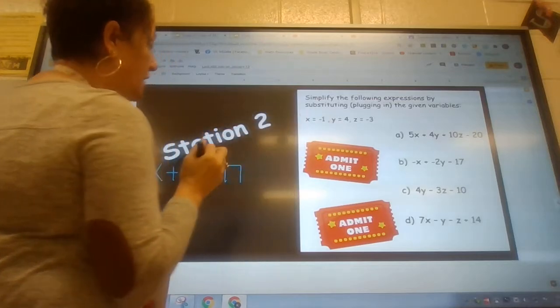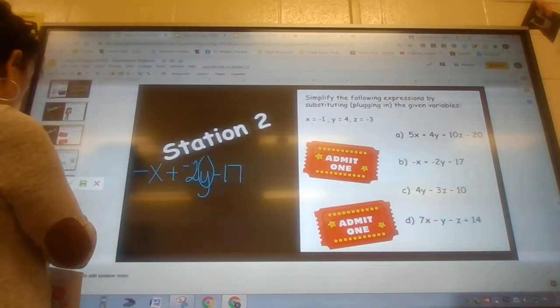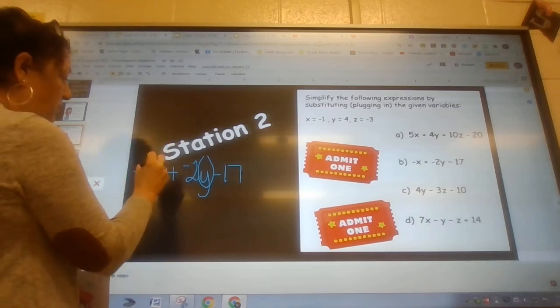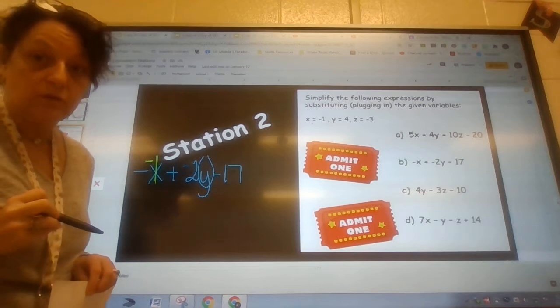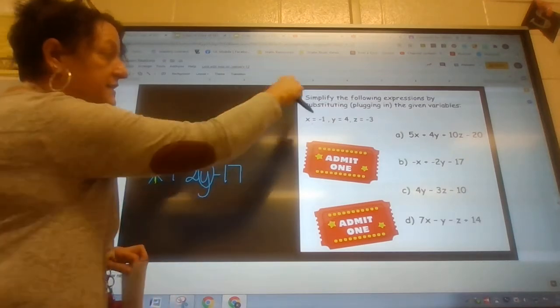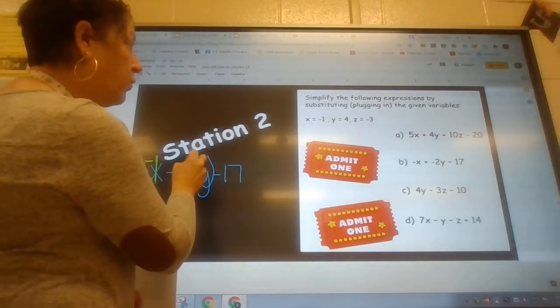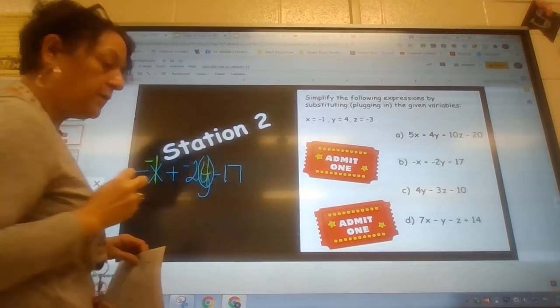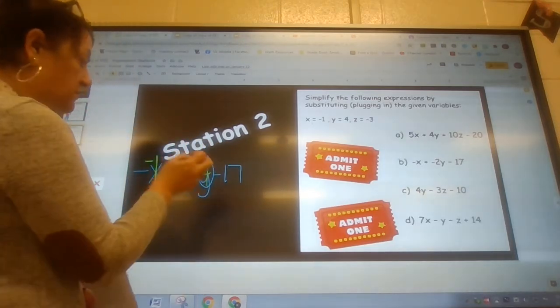Here are my values. X is -1. Now look at that. I have to put a -1 right there. That negative does not count. It was already there. So I got to leave it there and then still put my -1 right there. Okay? Y is 4. So I'm going to put my 4 right there. And this problem didn't have a Z in it. So I'm just going to go with that.